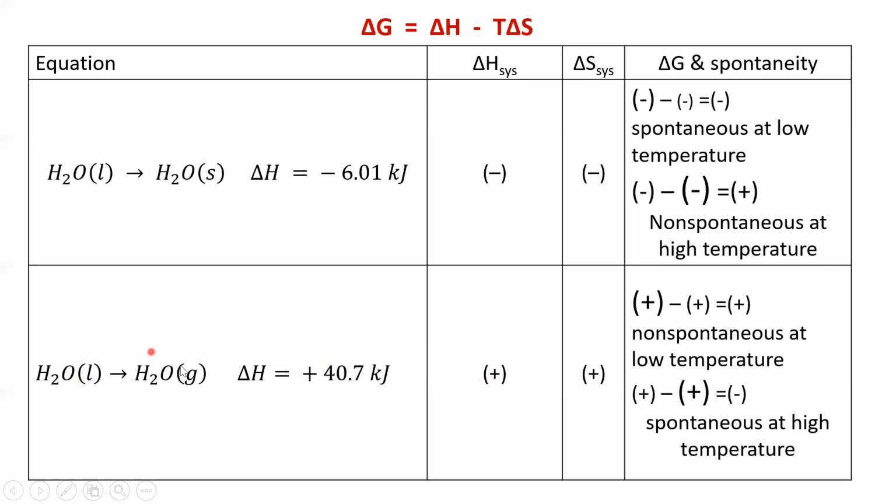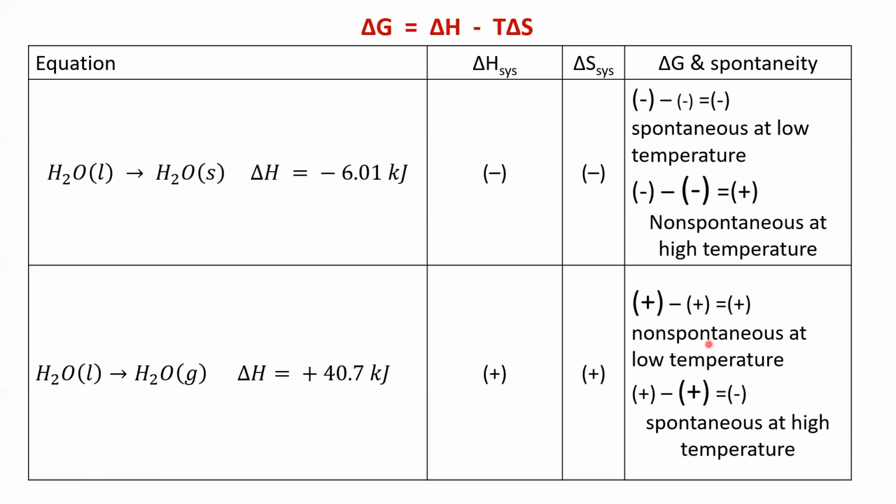But we're going from a liquid to a gas, so we're increasing the entropy, that is entropy favored. So if we're at a lower temperature, the enthalpy value will be favored over the entropy value. Our delta G will be positive and the reaction will not be spontaneous.